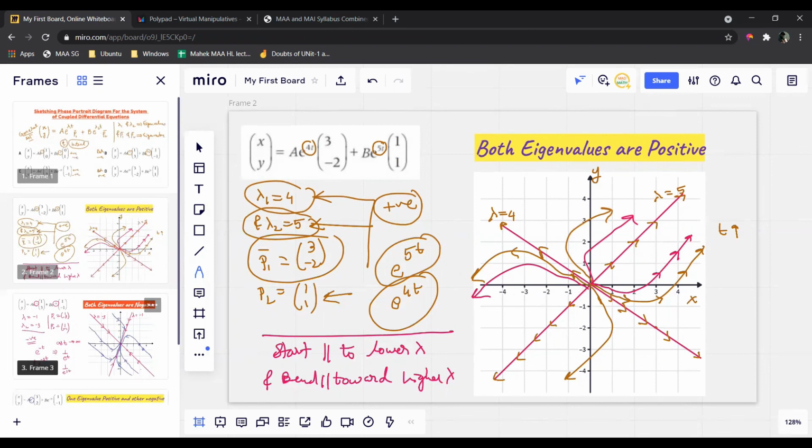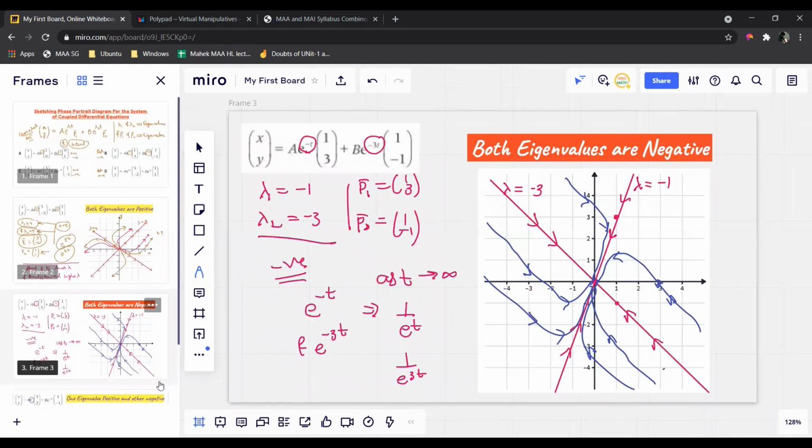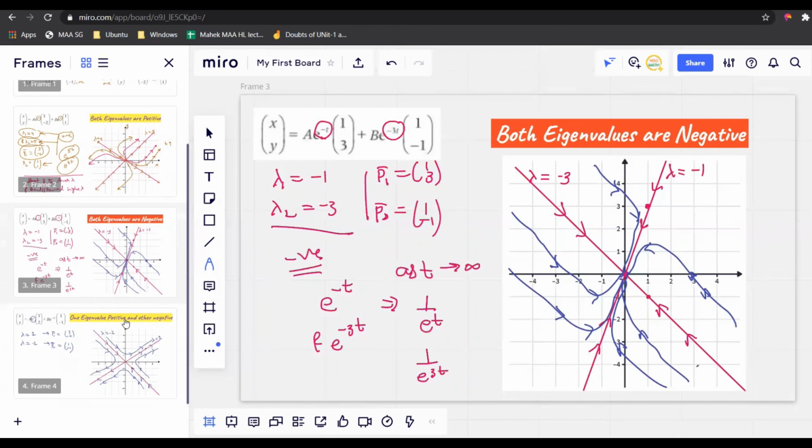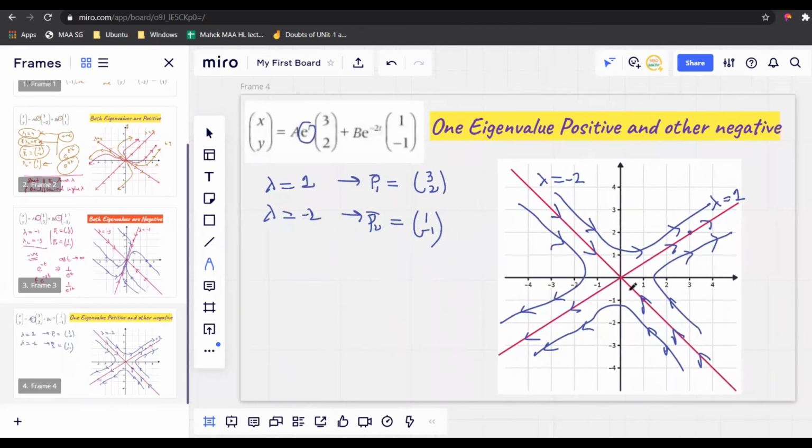If negative, the solutions move inside the origin. And if both are available, then for the positive value of lambda the solutions will go out, and for negative values the solutions will come in. Okay.